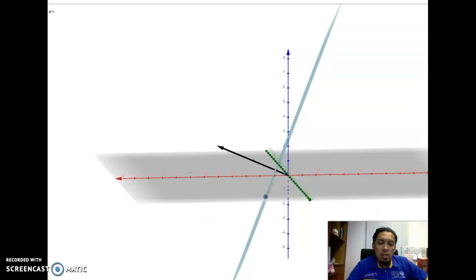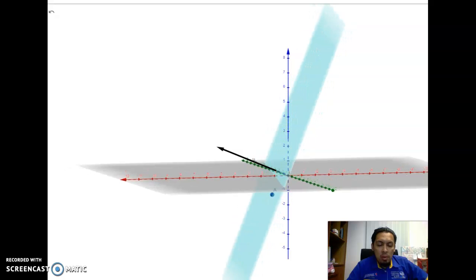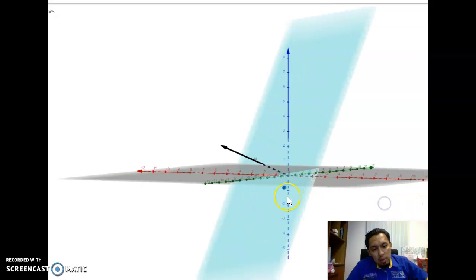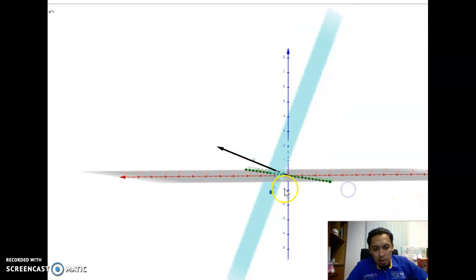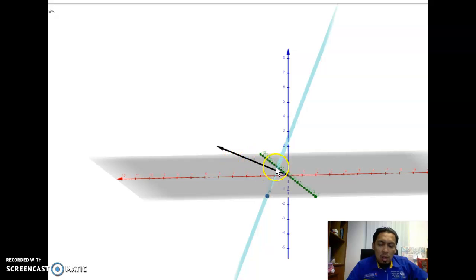You can see that we now have one plane that comes across A here. As you can see, A is on that plane, and if you compare it with the normal vector, it is actually perpendicular, 90 degrees.